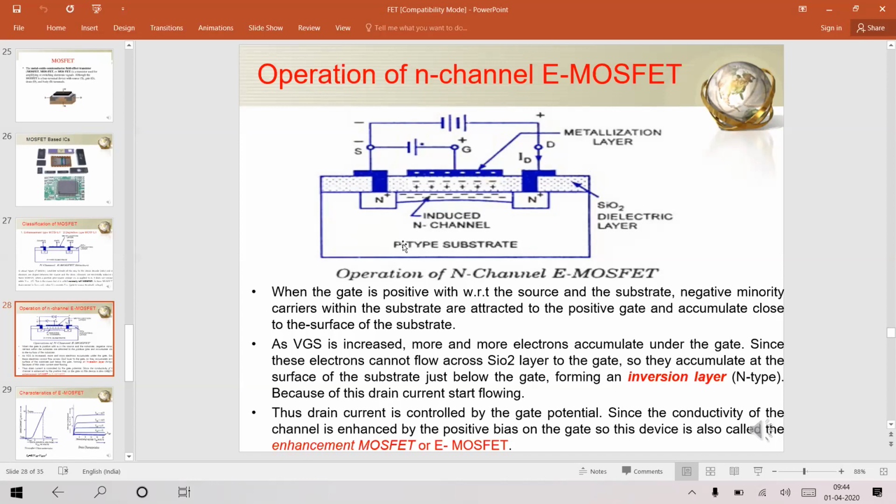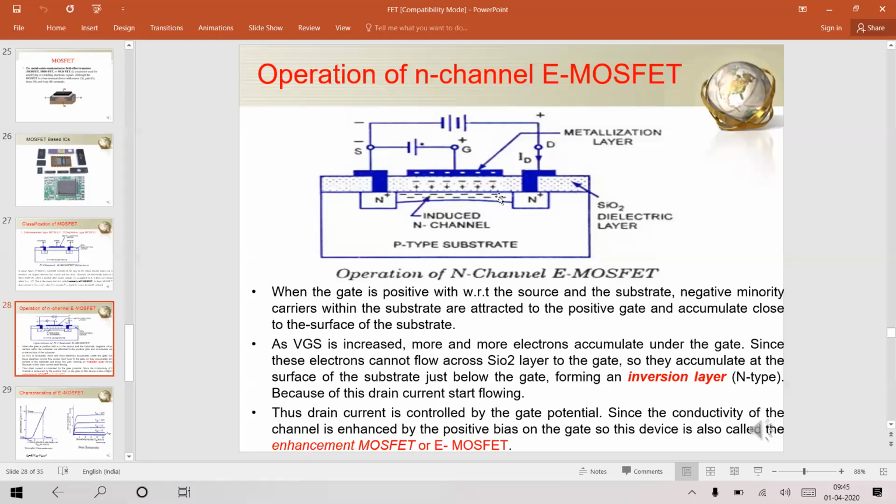The meaning is that holes are the majority carriers, but electrons are minority carriers. And those minority carriers in the P-type substrate get attracted by the positive terminal of the gate voltage, and these negative charges, the minority carriers, start coming towards this layer, very close to this insulator.